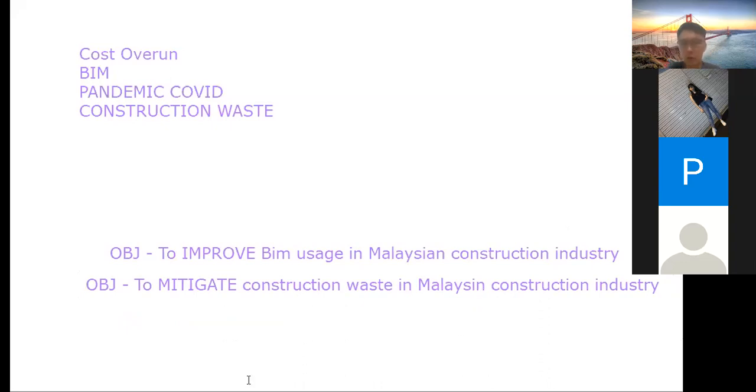Guys, I want you to look at your objective 2 or 3. Have you written this type of objective? To improve BIM usage, to mitigate construction waste in Malaysia. Anyone? Who did this? Okay, good. Jia Wen Chong, can you write down your objective that is similar to this one?